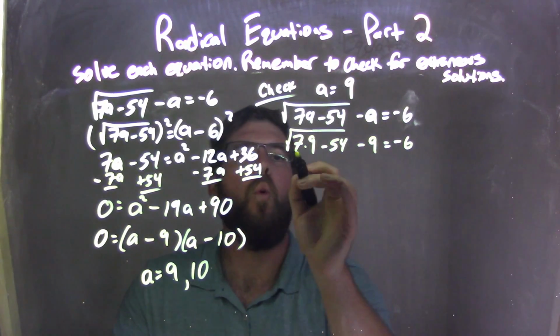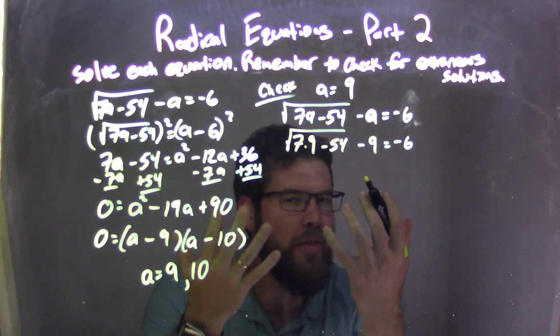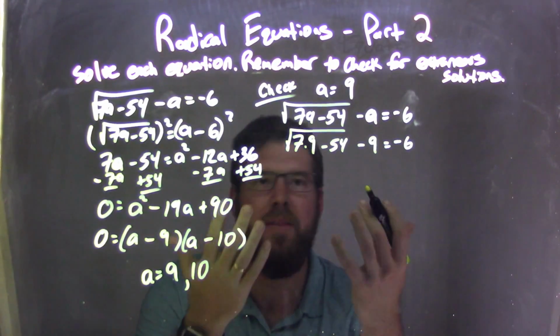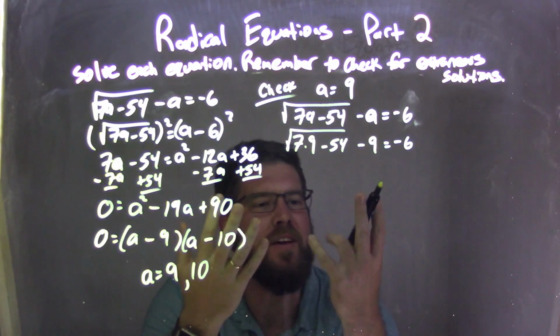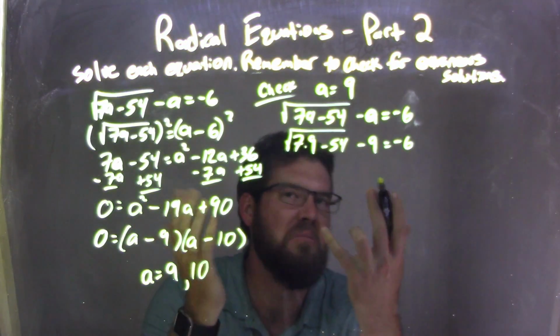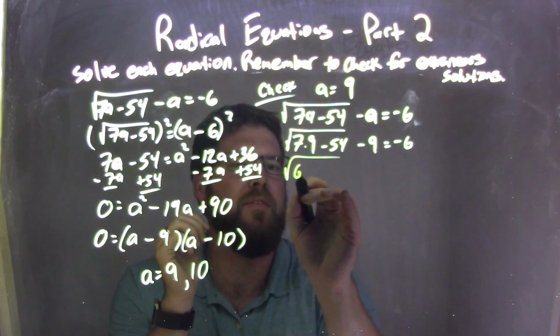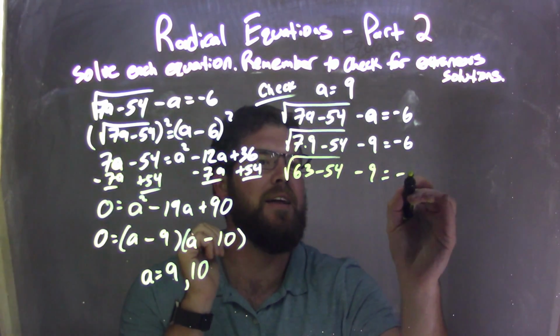So what's 7 times 9? Have you ever done the finger tricks? I feel like putting that in here. So for 7 times 9, you count 1, 2, 3, 4, 5, 6, 7. That comes out to be 63, with 6 on the left and 3 on the right. Just a trick in case you want it. All right, 63 minus 54 minus 9 equals negative 6.